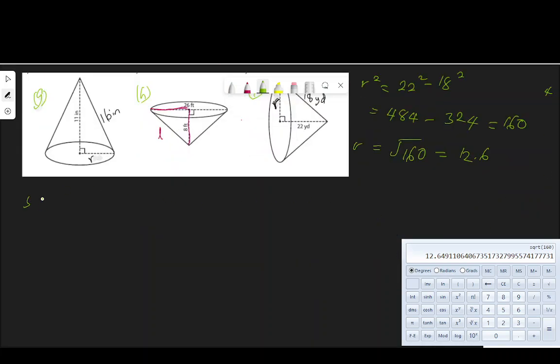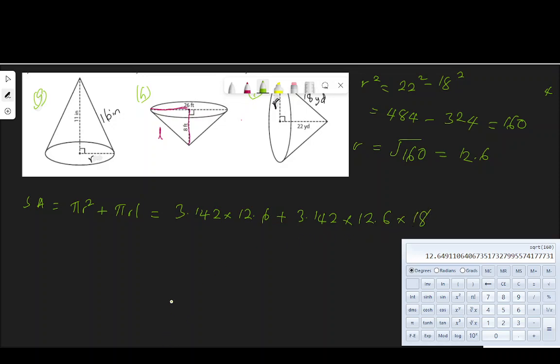The surface area, which is pi r squared plus pi r l, will be 3.142 times the radius 12.6 squared, plus 3.142 times the radius 12.6 times the slant height, 18.